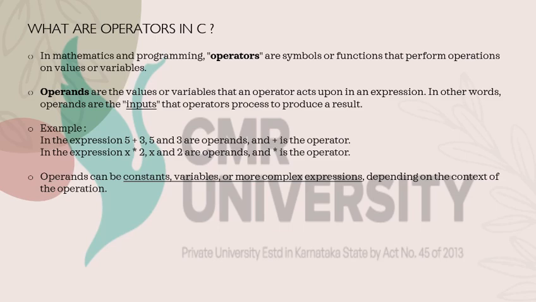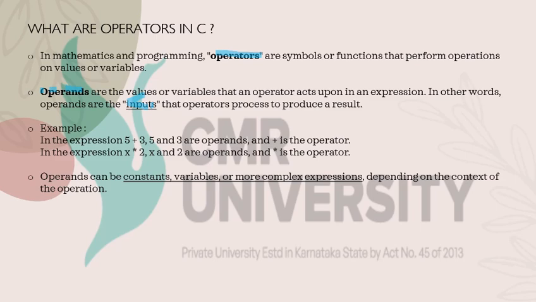What are operators in C? In mathematics and programming, operators are symbols or functions that perform operations on values or variables. Operands are the values or variables that an operator acts upon in an expression. In other words, operands are the inputs that operators work on to produce a result.